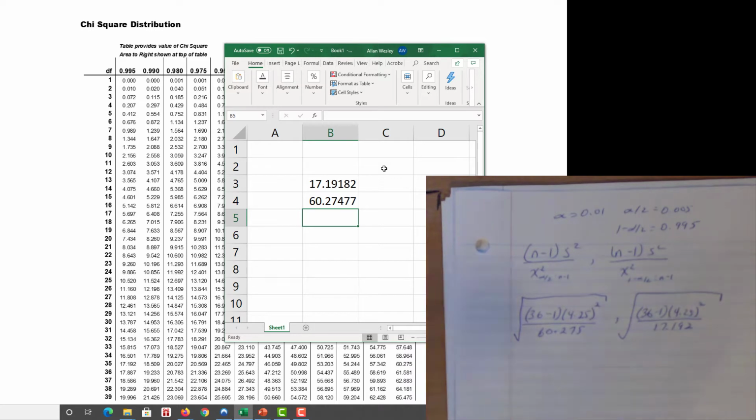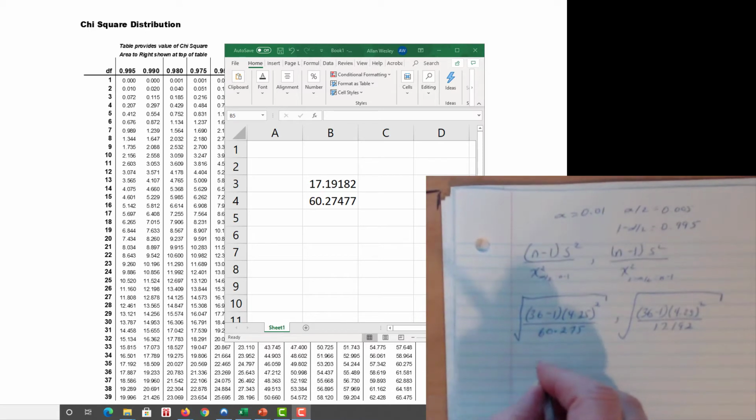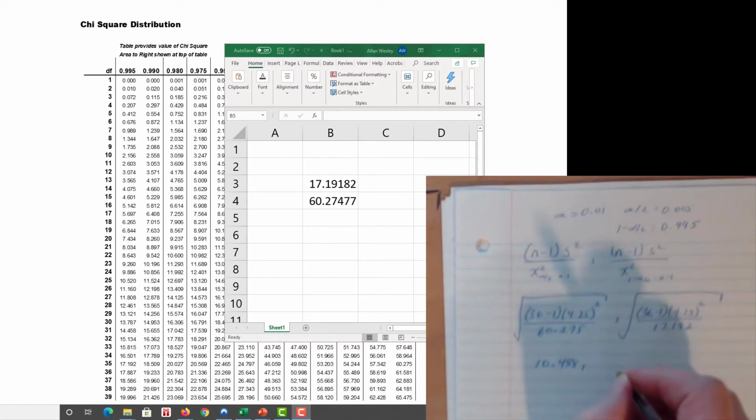Do all the inferences, and then I can check to see, has there been an improvement? If there's been an improvement, I look for 4.5 in that interval. So for the variance, the lower bound is 10.488, and the upper bound is 36.772.